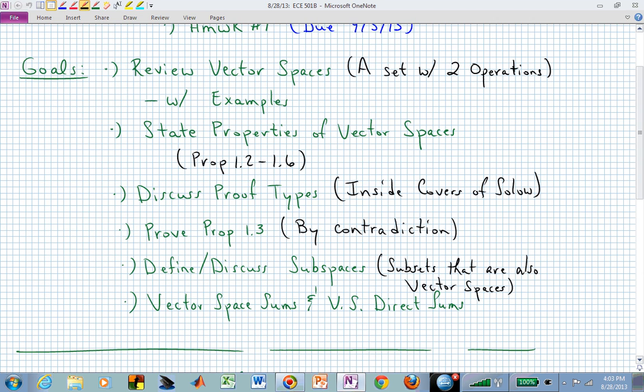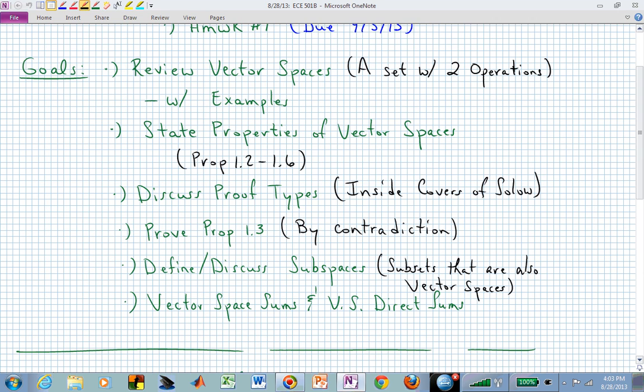We'll talk a little bit about proof techniques, which are outlined in the inside covers, both front and back, of that book by Daniel Solow that I talked about last time. We will go through a proof of one of those propositions, 1.3, and that will be a proof by contradiction. That will mean more maybe after we've talked about the different kinds of proofs.